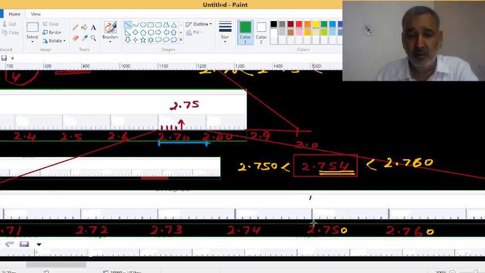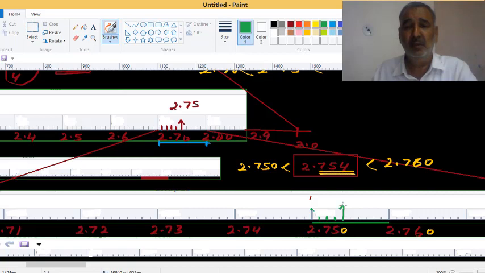This is our desired stretch of the number line, or on this line segment we can represent 2.750. Here I'm counting from 2.750: it's 1, 2, 3, 4. So this number represents 2.754.